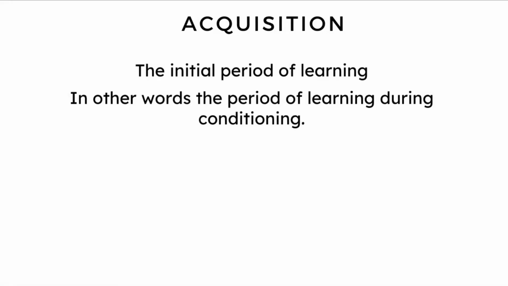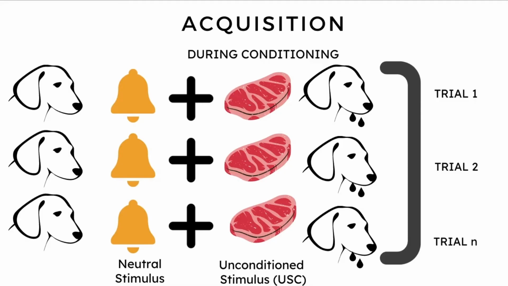So acquisition is the initial learning period when we are acquiring the associations between the neutral and the unconditioned stimulus. This is the process that occurs during the repeated presentation of the neutral and the unconditioned stimulus during the conditioning phase, which allows us to acquire and develop the associations between them.